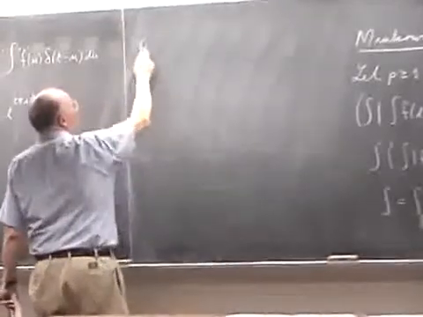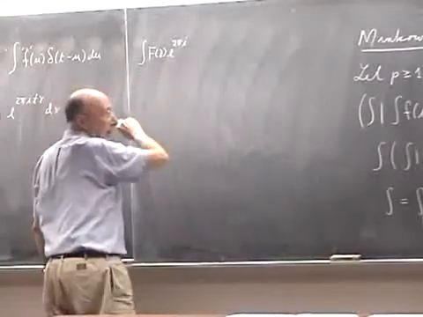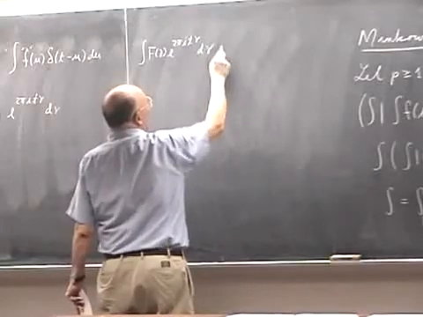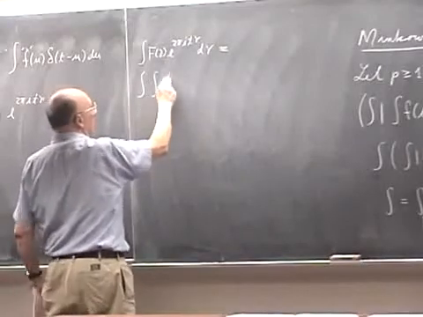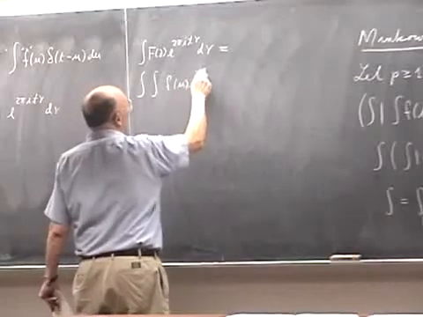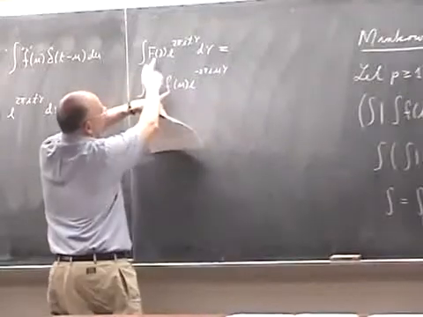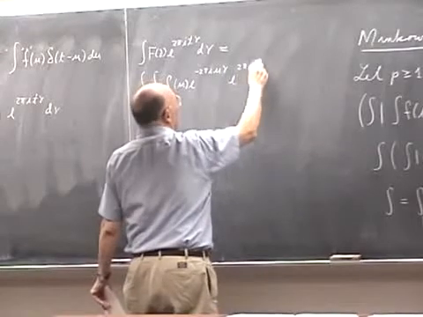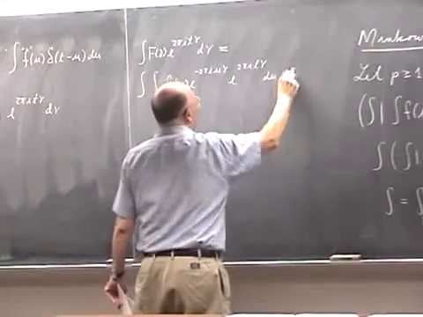So the integral of f hat of gamma e to the 2 pi i t gamma d gamma is equal to the integral of the integral of f of u e to the minus 2 pi i u gamma du, I've just written down what f hat of gamma is, times e to the 2 pi i t gamma d gamma.